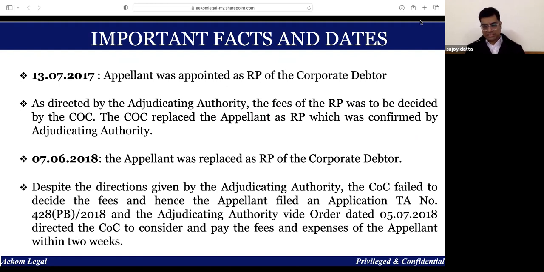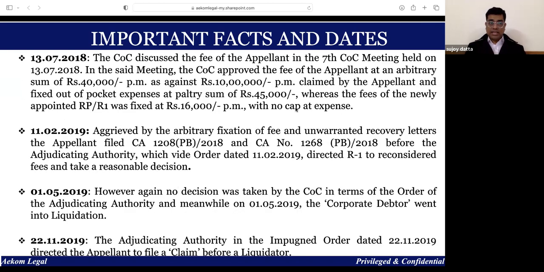And despite the directions given by the adjudicating authority, the CoC did not decide the fees. Hence, the RP had to file an application before the adjudicating authority, and the NCLT vide an order directed the CoC to consider and pay the fees and expenses of the appellant within 2 weeks. Even then, there was some further controversy.